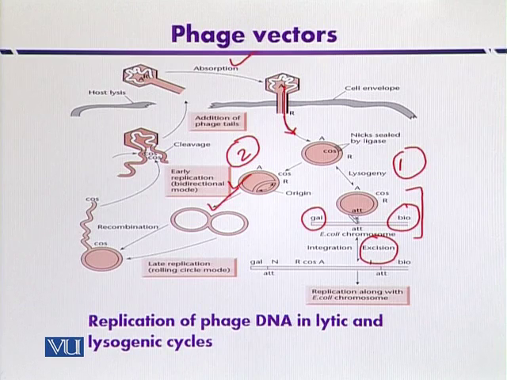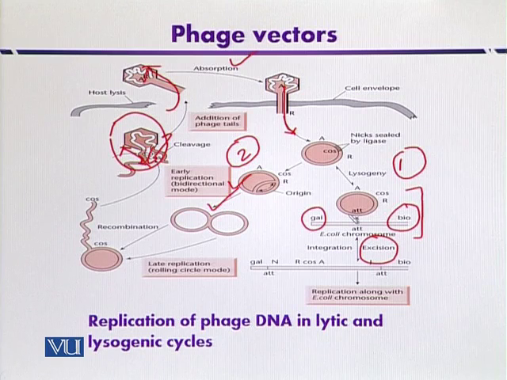Concatameric DNA means that the same copies are repeated, separated by cos sites, and at later stages cleavage occurs. Cleavage is caused by endolytic enzymes, and at later stages packaging takes place, and after packaging the phage particle is released and is ready to infect a new host organism. So this is the life cycle that may follow the lytic or the lysogenic cycle.